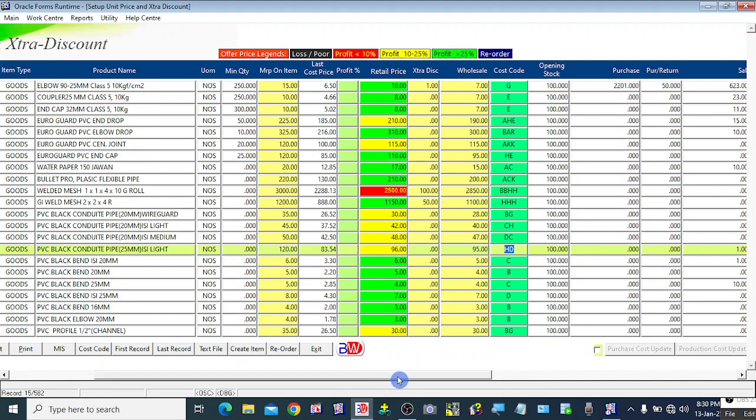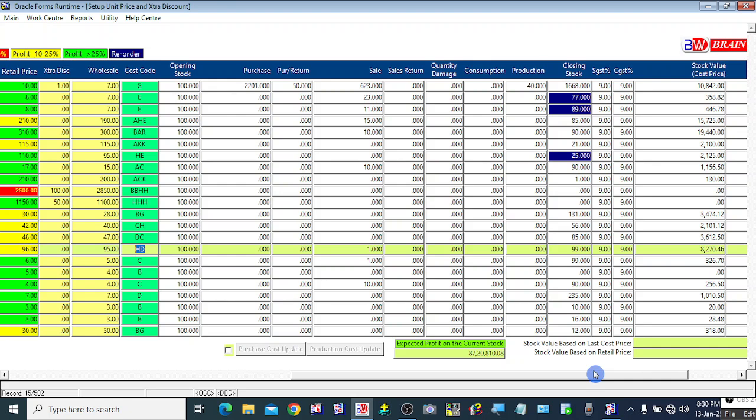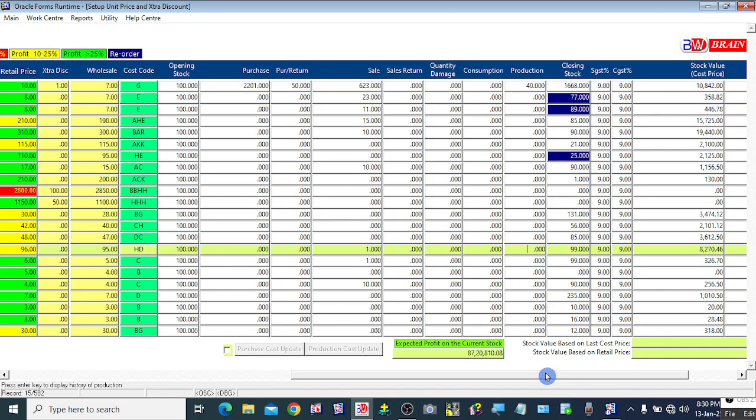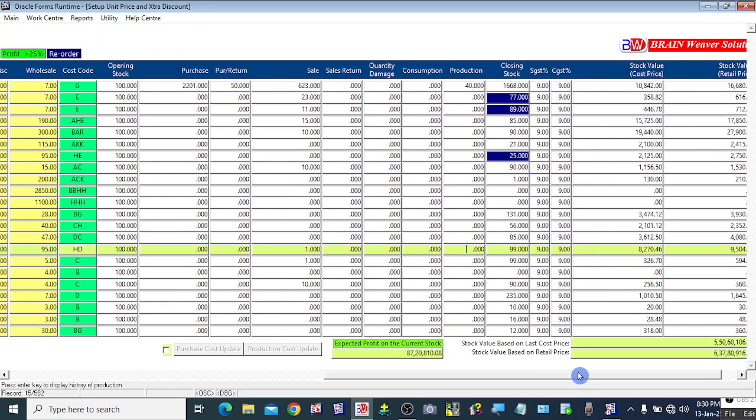opening stock, purchase return, sales return, if there is any damaged quantity, consumption, production, and in the last column we can see what is the closing stock at the moment and what is the valuation of each product based on the cost price as well as retail selling price.